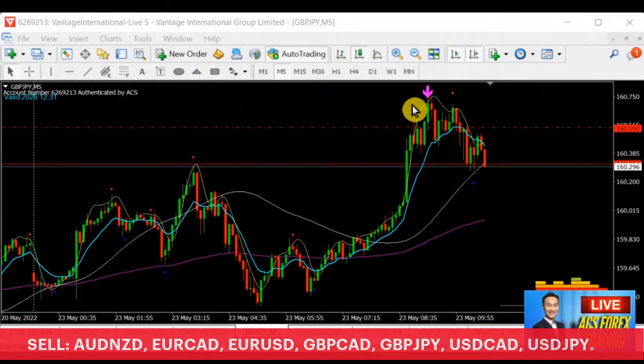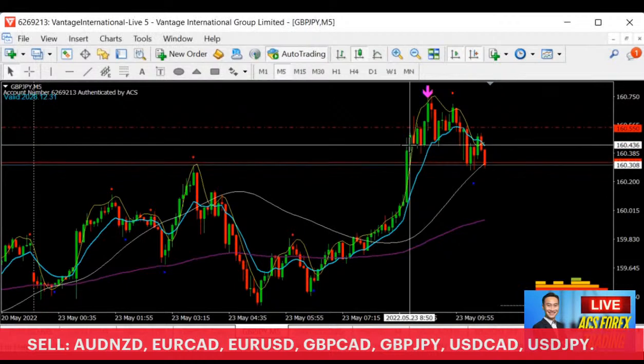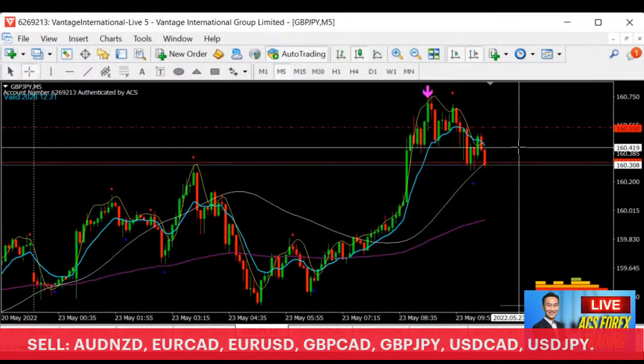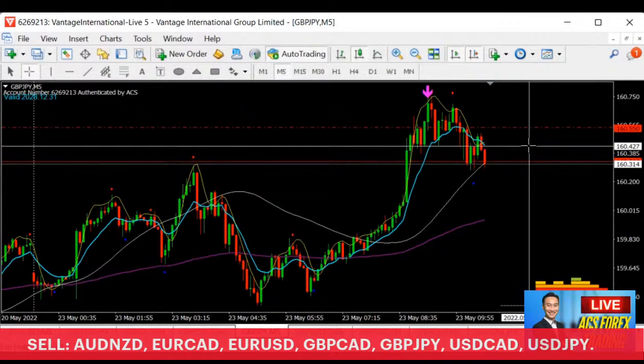If you can see, I have Aussie Kiwi on my screen right now. Tentatively, I'm waiting for this pound yen. As we can see, there's a support over here, and right now it is actually creating a lower resistance already. But because the space is too tight for me, I won't be going in for any trade right now.